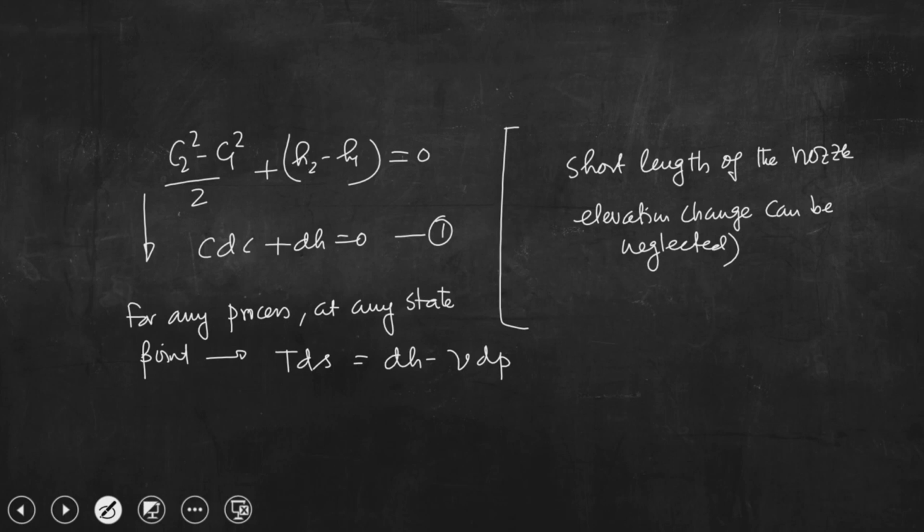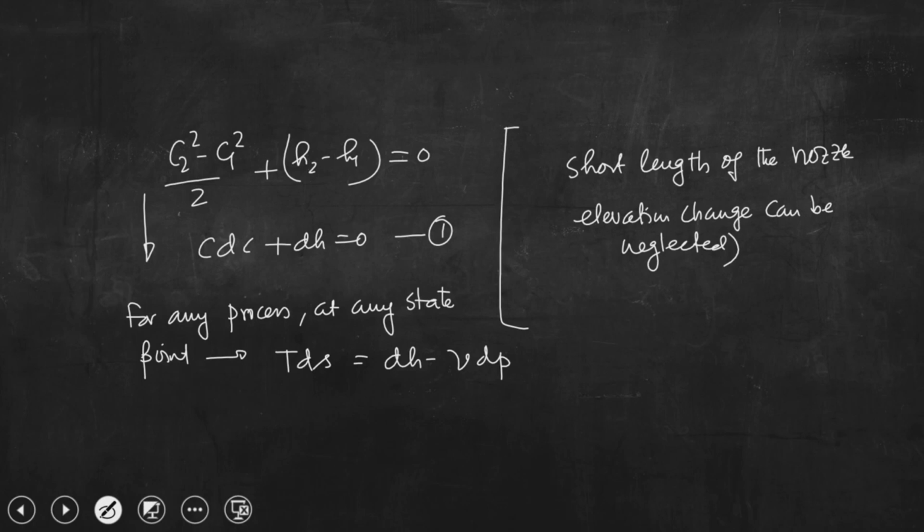This is the second TdS equation that you have learned from the basic thermodynamics course. In fact, we can also write TdS equal to du plus Pdv. So, for any process this equation can be written at any state point.